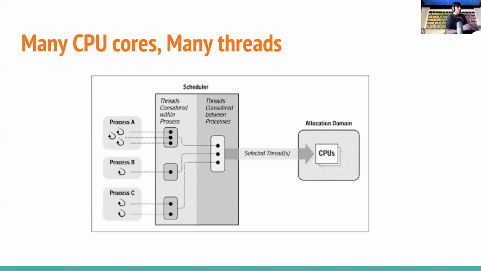Okay. So now let's talk about actual threads. With actual threads, what you have within a process is, basically, a thread is more or less a function. And that function can call other functions.